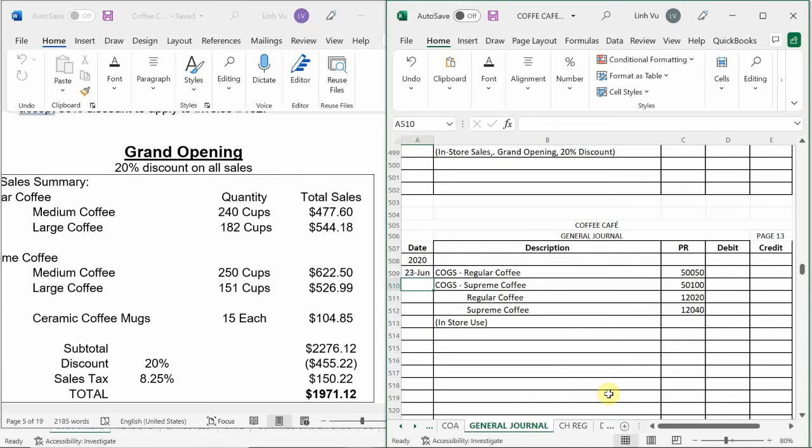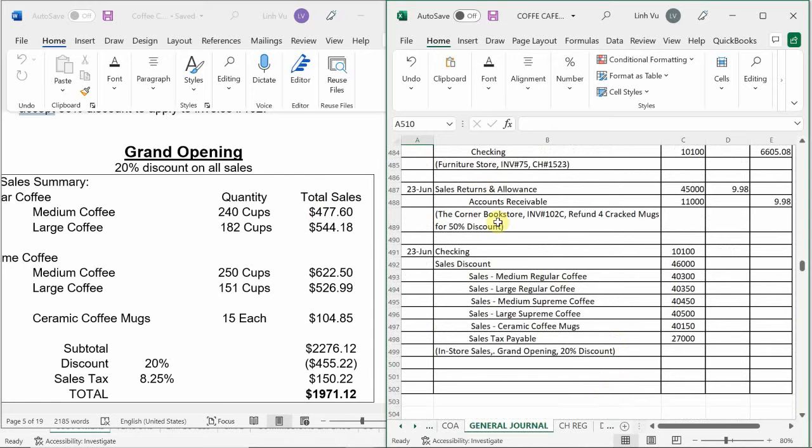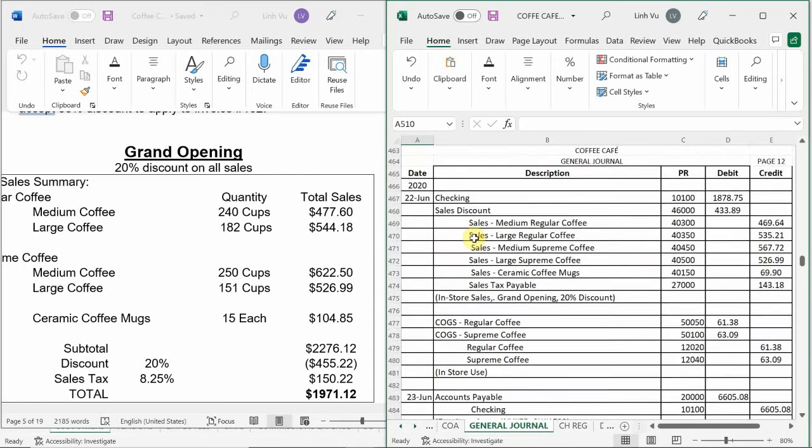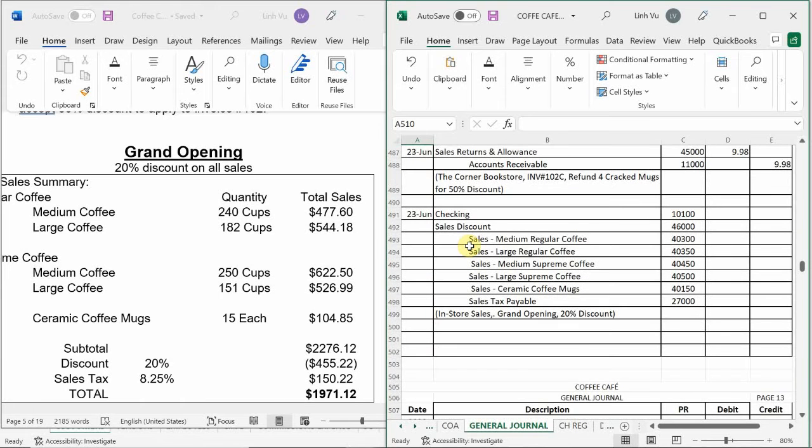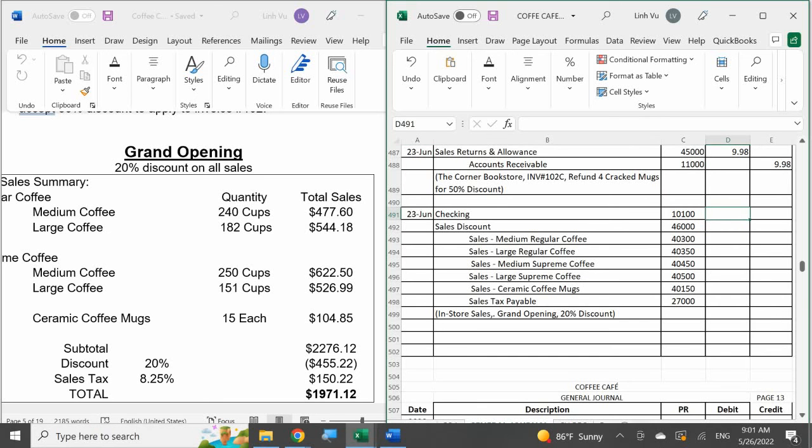Okay. So let's go ahead and compute one at a time, starting with our checking account. How much money did we receive in grand total? $1,971.12. Good. How much was my discount? $455.22.